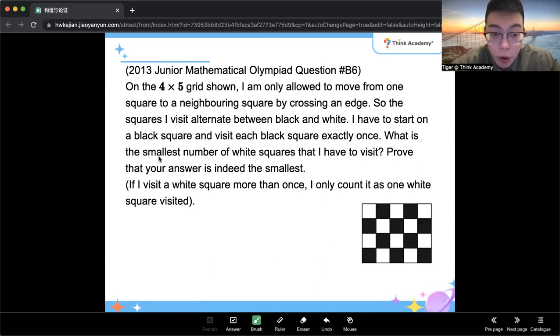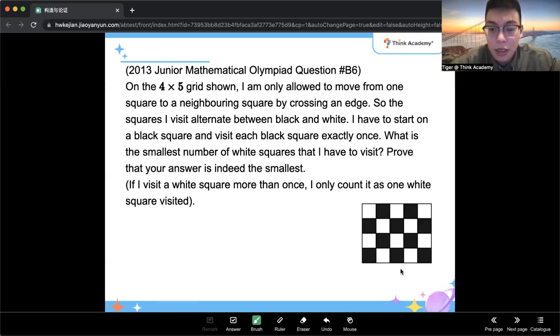So it's asking you the smallest number of white squares that I have to visit. And then we need to prove that it is indeed the smallest. Which means actually these two sub-questions are just the same sub-question. So you need to find a reasoning for that.